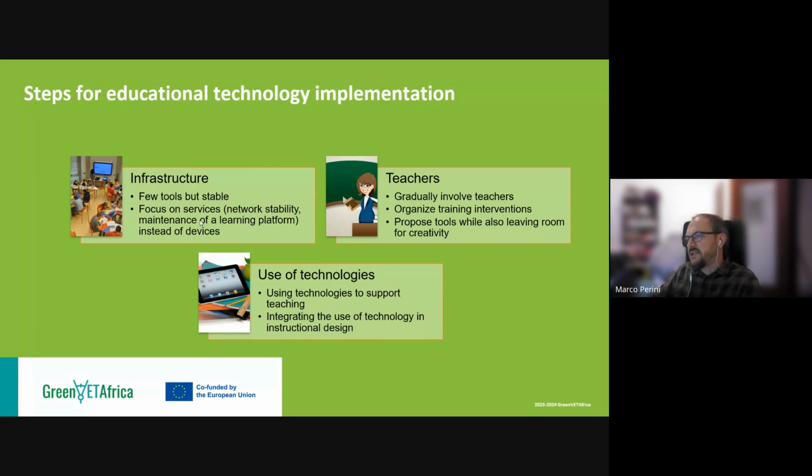What it means is that if we are, for example, in a school, but it is good also for a company, for example if we use technology for training, it is important to use simple, easy tools, easy devices, that have no technical problems.